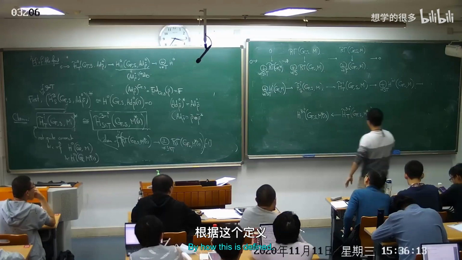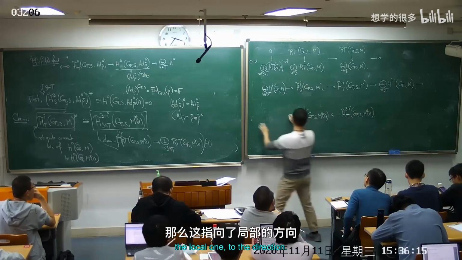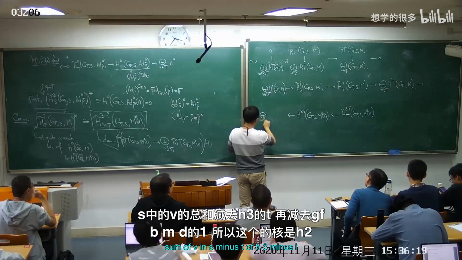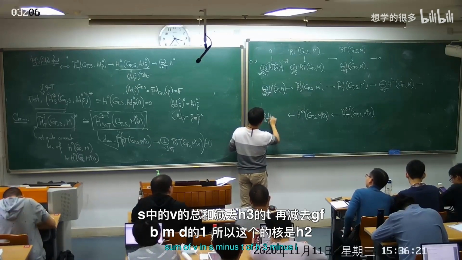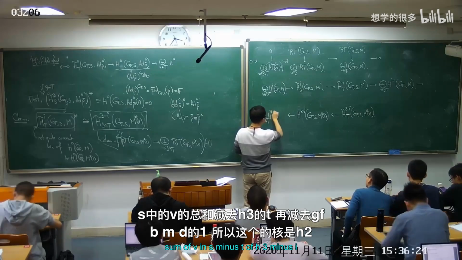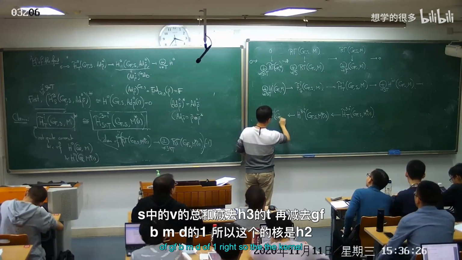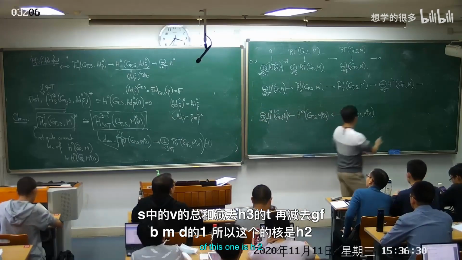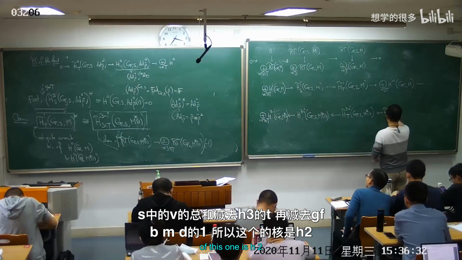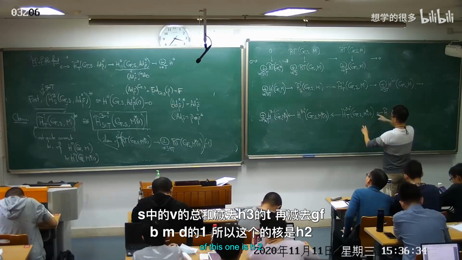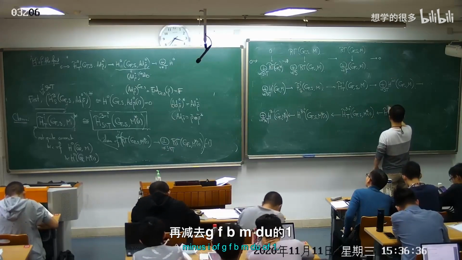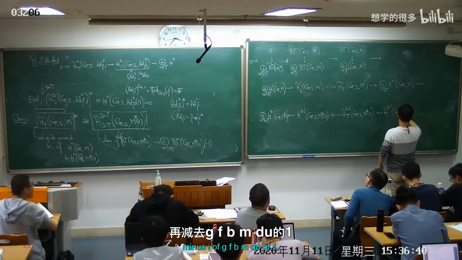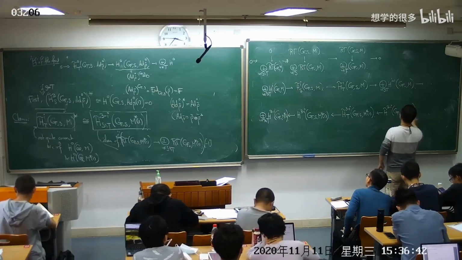By how this is defined, this goes to the local one, so the direct sum over v in S minus T of H^{3-i} of G_{F_v} M dual (1). So the kernel of this one is H^{2-i} of G_{F_v} M dual (1).